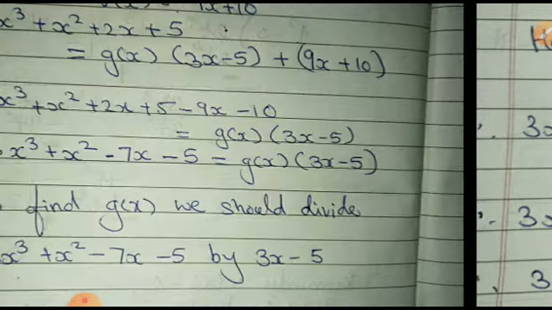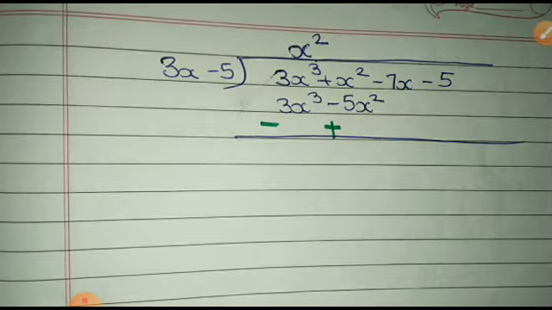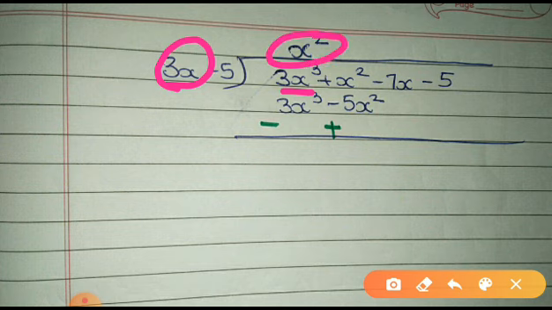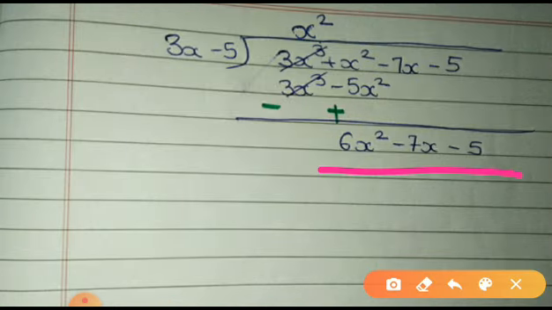So that will be performed using the division method. Now here it is 3x cube, here it is 3x. So by what should I multiply to make it 3x cube? It is x square. Change the sign, you will get this one. Again, by what should I multiply?